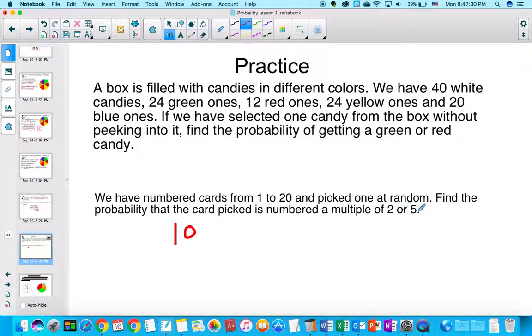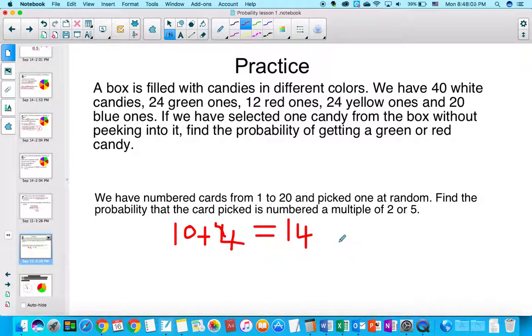We're also looking for a multiple of 5. Well, we know 5, 10, 15, 20. There are 4 multiples of 5 between 1 and 20. So the total number of outcomes we want is 14.